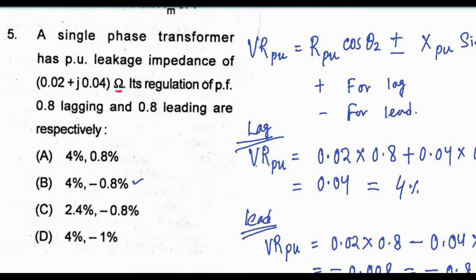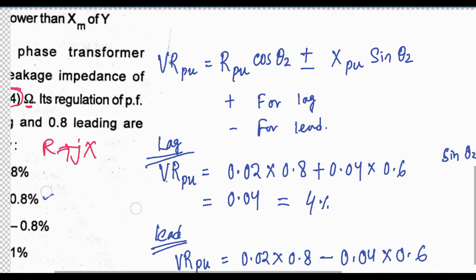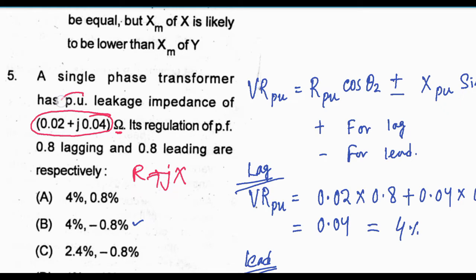So a single phase transformer is given, and the leakage impedance is given in terms of R plus jX. As per unit is given here, ohm should not be mentioned in the question, because it is given in per unit. So R plus jX is given, and both are in per unit.